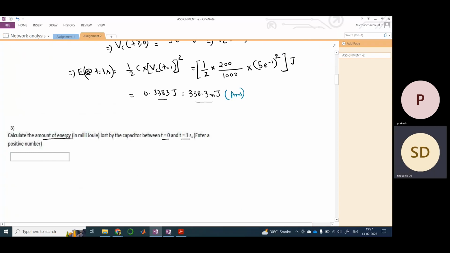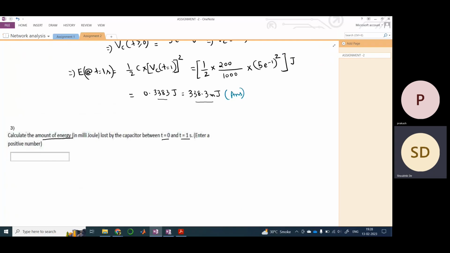Now for this, how shall we approach the problem? We will be calculating the energy stored at t equals 0 second, and we already calculated the energy stored at t equals 1 second, which was 333.3 millijoule. After that, we find the difference between these two energies.